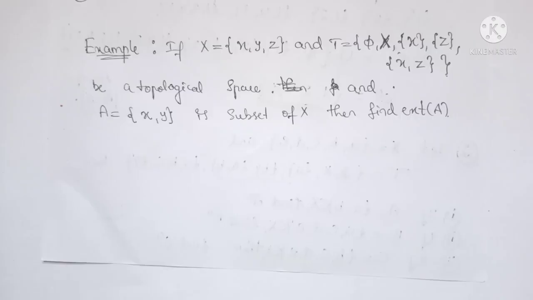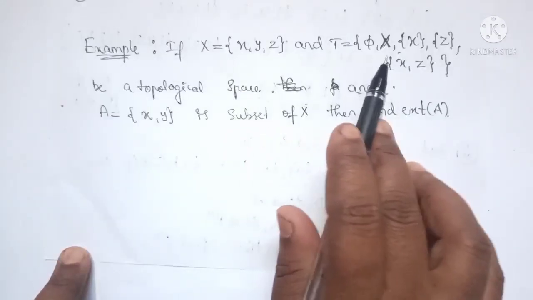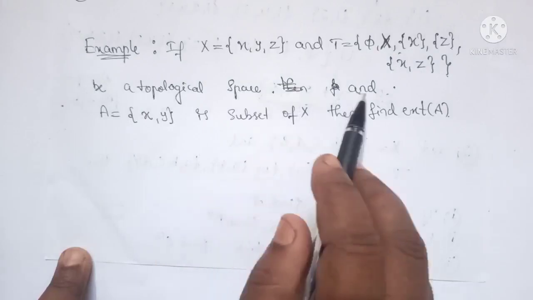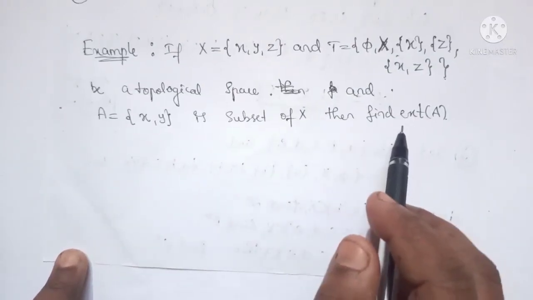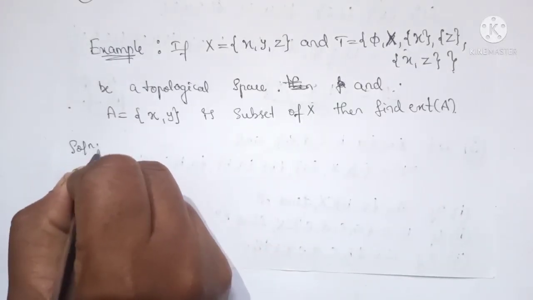Next we consider an example. If X is equal to {x, y, z} and T be a topological space, and A is given by {x, y}, a subset of X, then find the exterior of A. Okay, so first we write all the open sets.